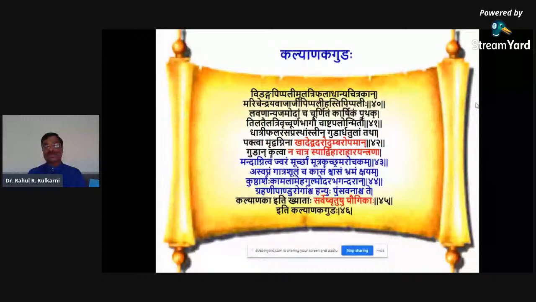This Kalyanaka Guda is even more beneficial because in the earlier yoga there was no restriction on diet, but here even on viharas there is nothing very strongly restricted about any activities or the dietic things. So with comfort, a person can consume this Kalyanaka Guda and have the Virechana benefit.